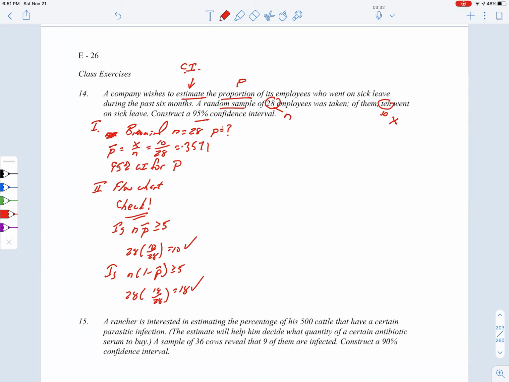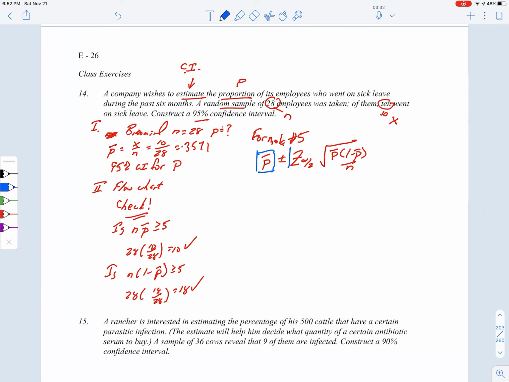So step number 2 is that we're going to end up with formula number 5, and that is the endpoints for the confidence interval will be p bar plus or minus z alpha over 2 times the square root of p bar times 1 minus p bar over n.